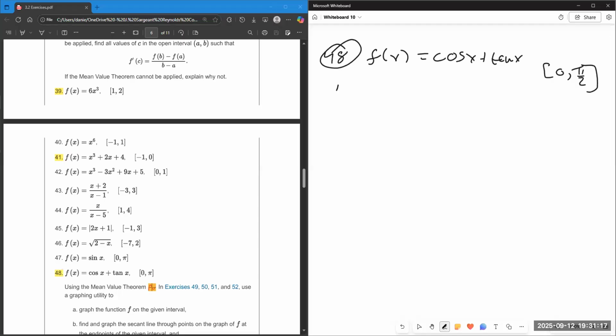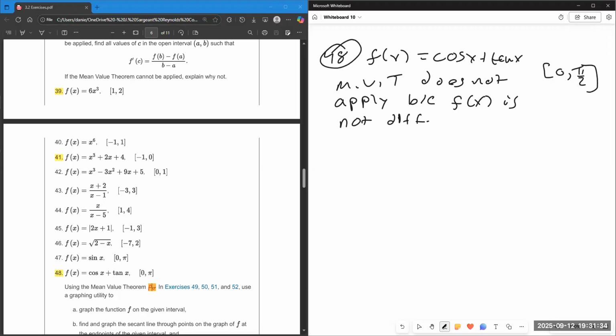The mean value theorem does not apply, because f of x is not differentiable or continuous at x equals pi over 2.